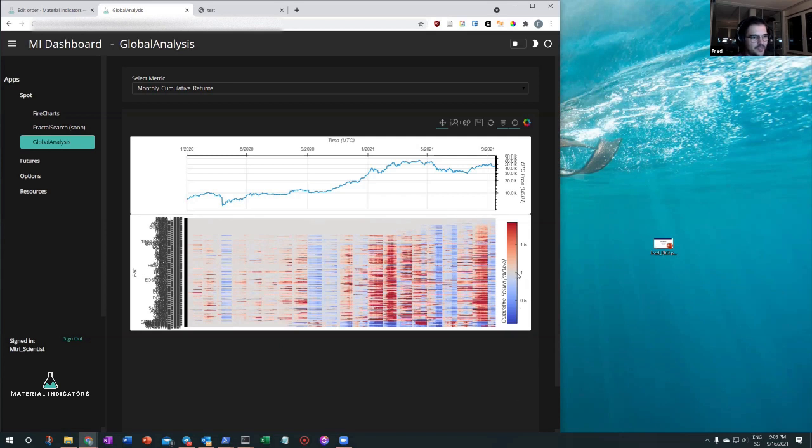So it starts at 1, which means no change. If it's, for example, red, I think that's 2 times, so it doubled. And if it's way down in the blue, it means that it lost something like 75% of the value.